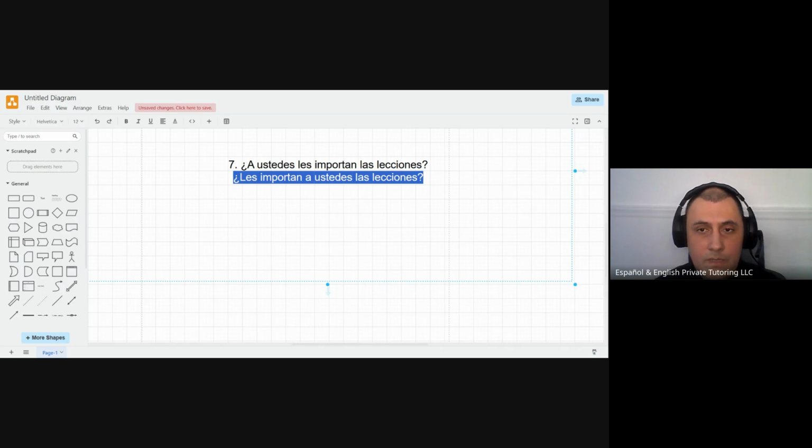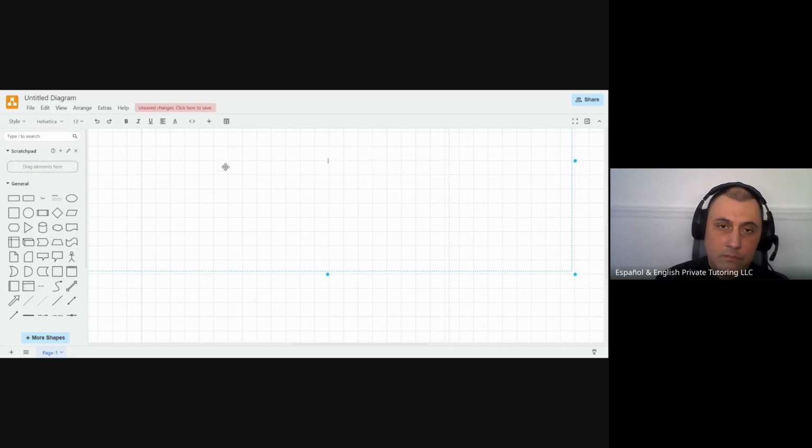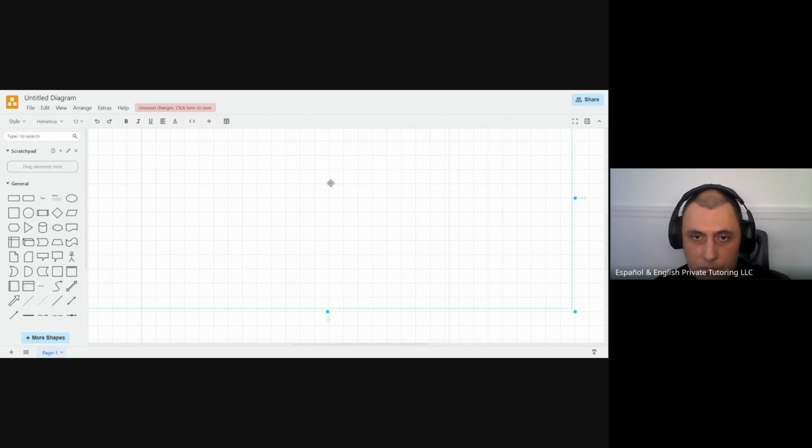Now, VCC verbs are not the only ones that use indirect objects. Transitive verbs can also use indirect objects. And I'm going to give you an example.